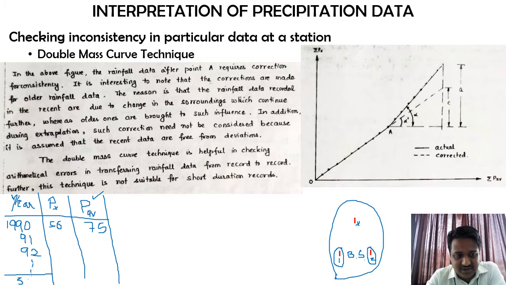Imagine, for 91, let us say this is 60 mm, and here it is 66 mm, and for 92, let us say it is 39 mm. One year the rainfall has reduced drastically. Similarly, here we'll have 45 mm. Imagine this. So such kind of data they will be giving you.